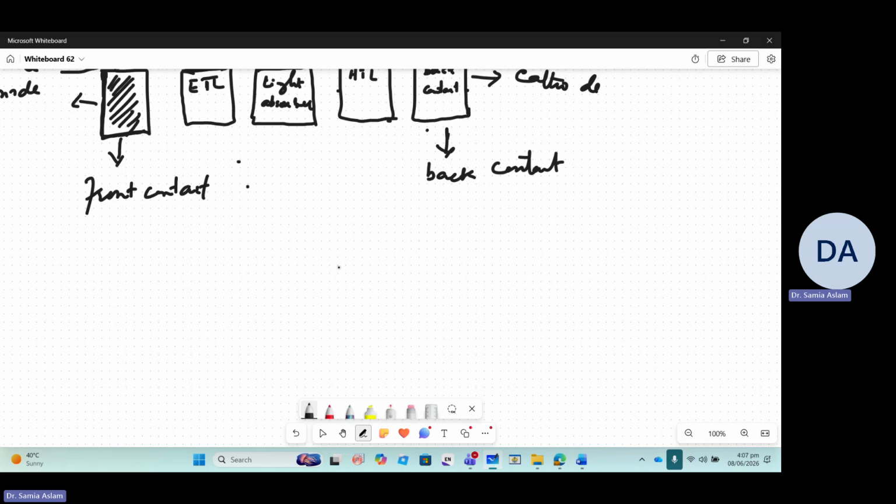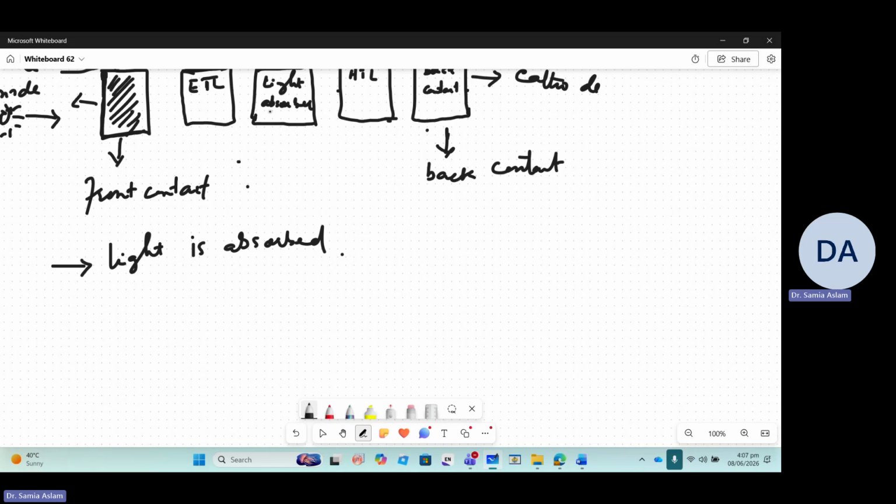Now, how does the photovoltaic effect take place within these components? Step one is that light is absorbed. Since this is the front contact, this side is exposed to sunlight, and light passes from the transparent conducting oxide through the ETL and goes directly into the light absorber.